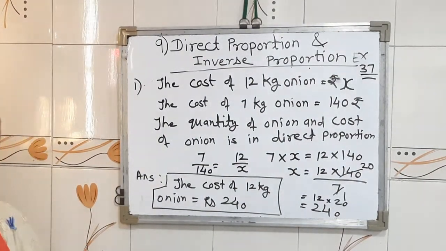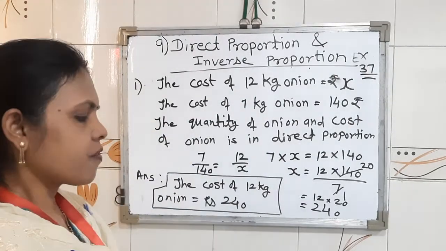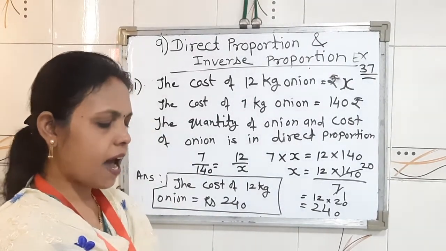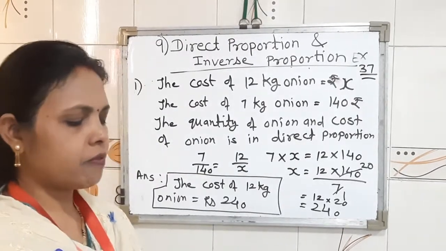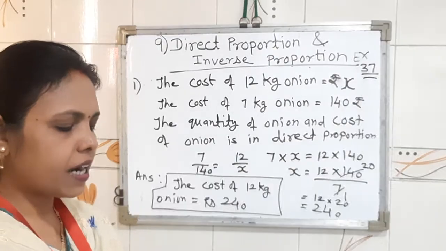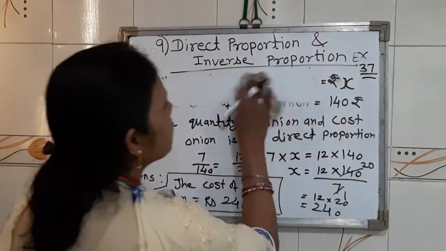Now we will see our next example, question number 2. If 600 rupees buy 15 bunches of feed, how many will 1280 rupees buy? So children, second question.